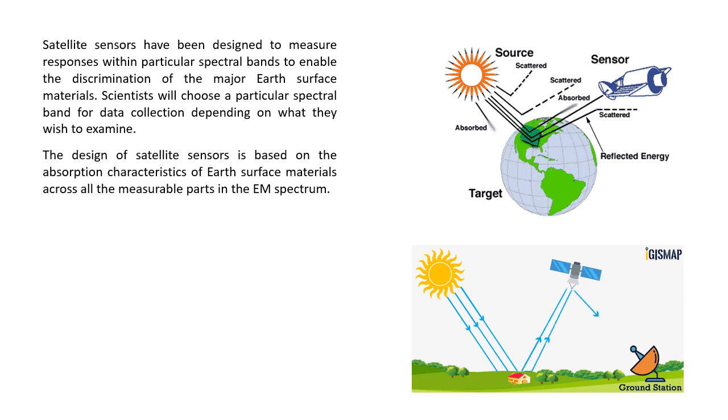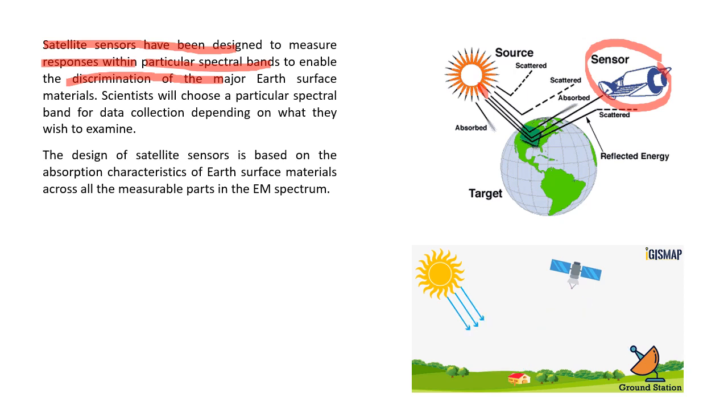The satellite sensors have been designed to measure the responses within particular spectral bands to enable the discrimination of the major Earth's surface features. The sensors are here. And when we say energy, the energy is divided into bands: blue band, green band, red band.